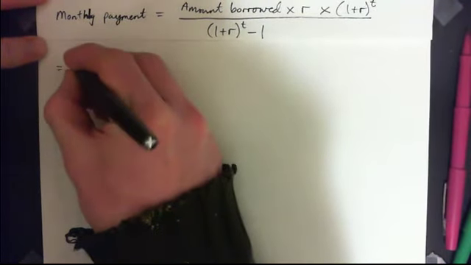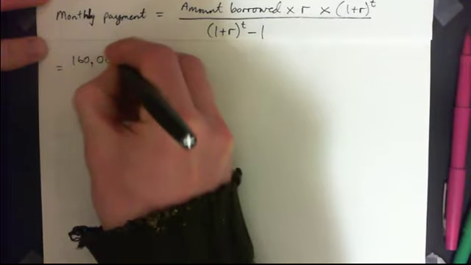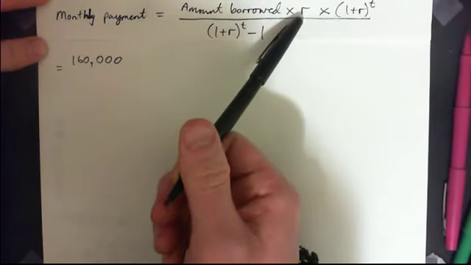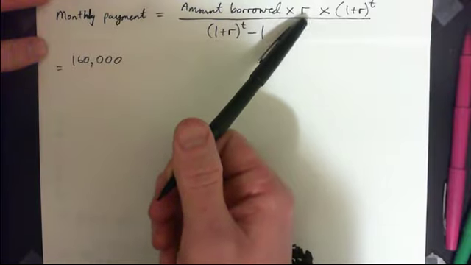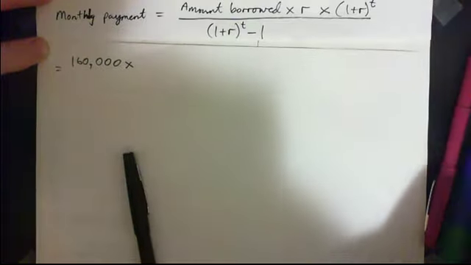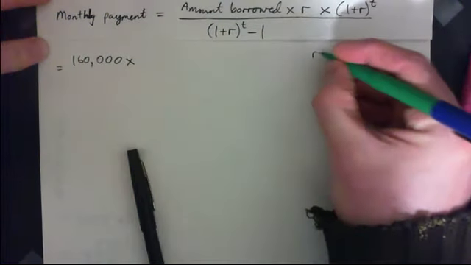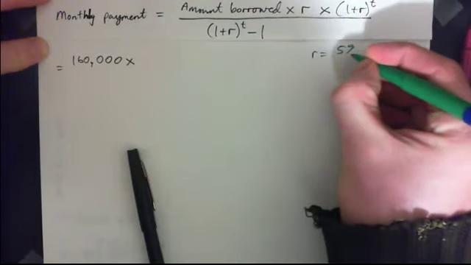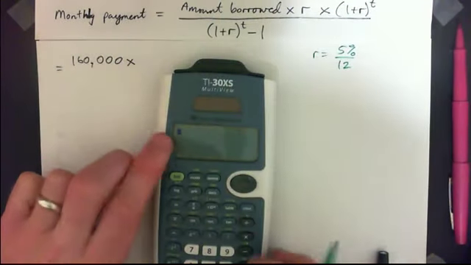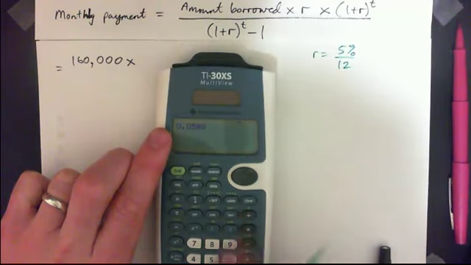Now the amount borrowed is 160,000, so we put that up here. And then we multiply by R. And what's the rate? Well, the rate is 5% over 12, right?